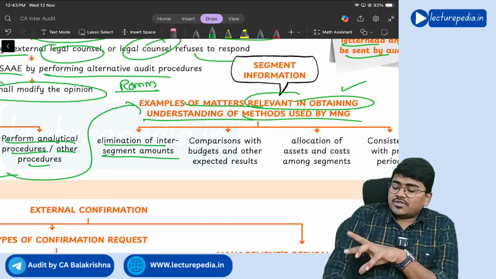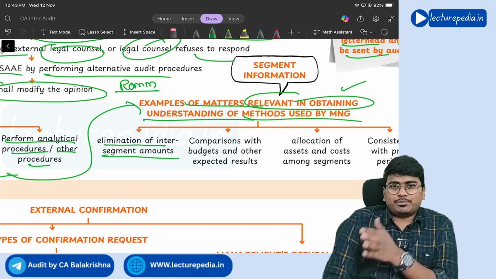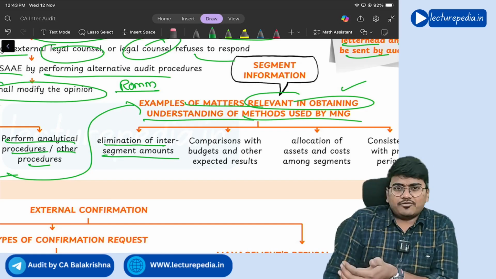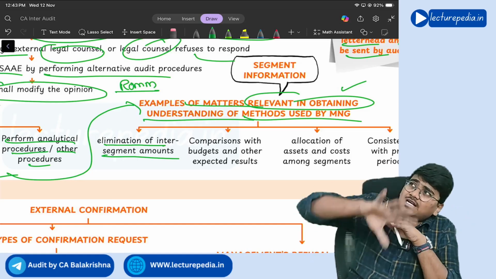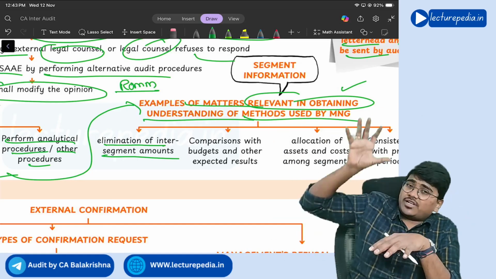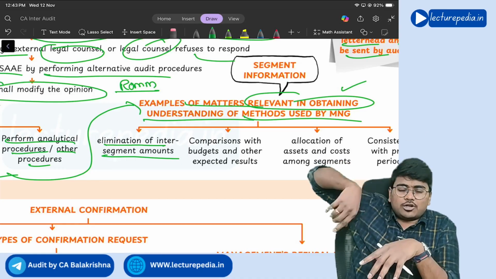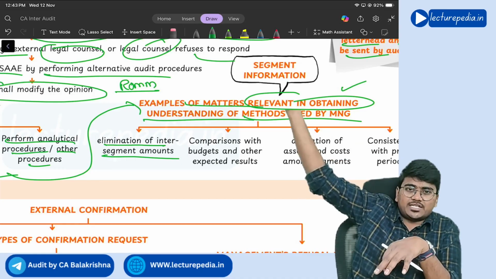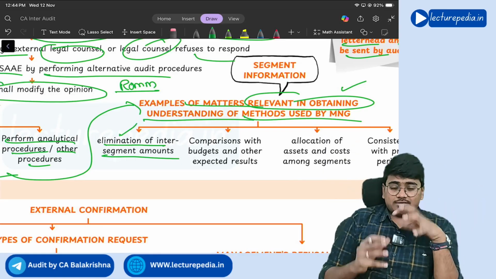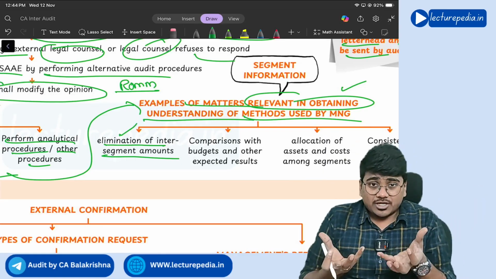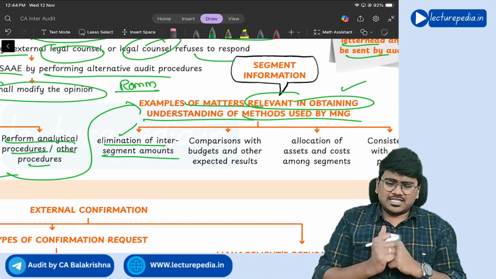Now, if a transfer takes place from South India to North India, in segment information that will be a sale for South India and a purchase for North India. But if you are preparing the complete financial statements for the entire entity, this inter transfer between North India and South India has to be eliminated in the complete financial statements. So how are you eliminating it? By understanding this, you are understanding the methods that the management is following.